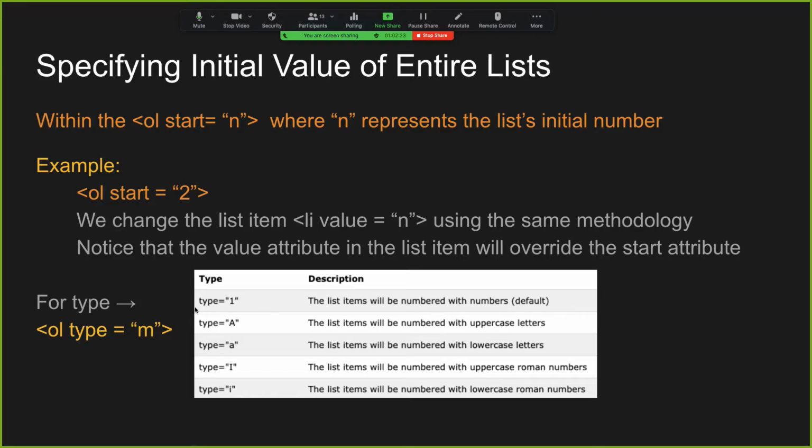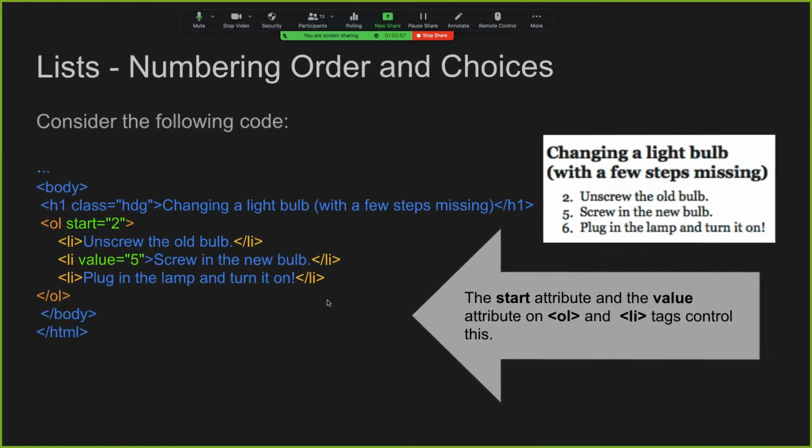And this is the default. If you don't specify a type, it'll automatically be ordered by numbers. If you specify a type of uppercase A, or lowercase a, or uppercase I, then it'll use Roman numerals, or type lowercase i, which is lowercase Roman numerals. This really gives you a lot of ease in expressing how you want your pages to be numbered.